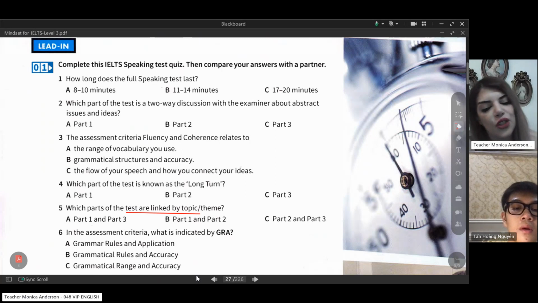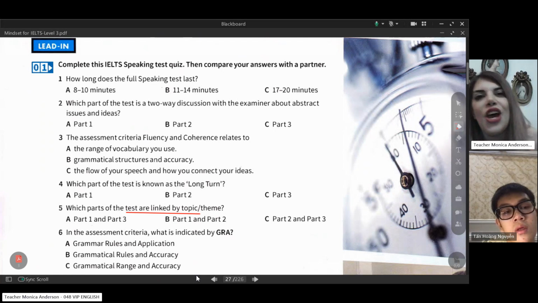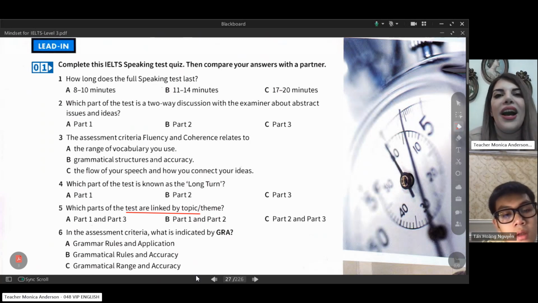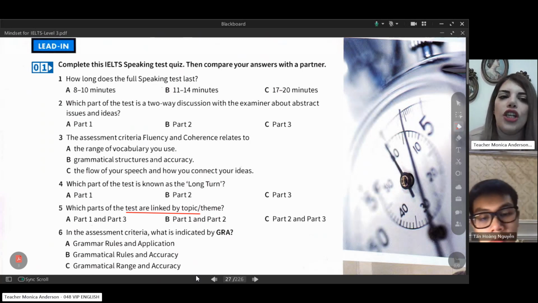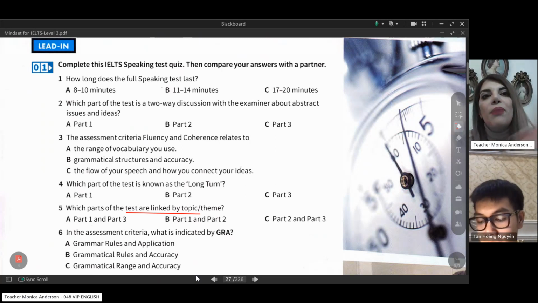So the topic that is given on your cue card is followed by some other questions on part 3. So these two parts are linked by the same topic. Of course, we have topics in part 1, but they are general questions, not related to part 2 or part 3. But 2 and 3 are related.